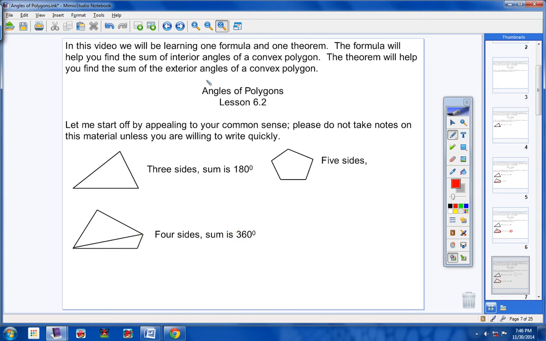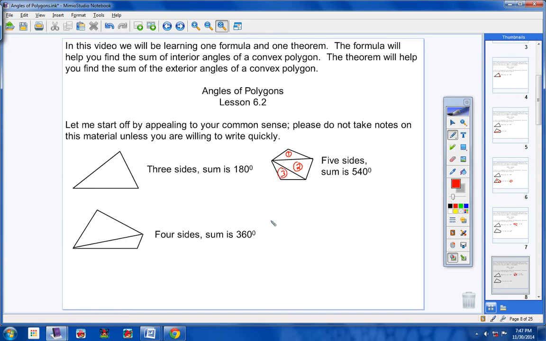Watch this. Okay, 5 sides. Now I'm going to find a vertex here, and I'm going to draw all of my diagonals, all of them, like this. Okay, like that. That's all the diagonals I can draw from this vertex. Okay, so here's what it looks like. Look, I have a triangle here, a triangle here, and a triangle here.